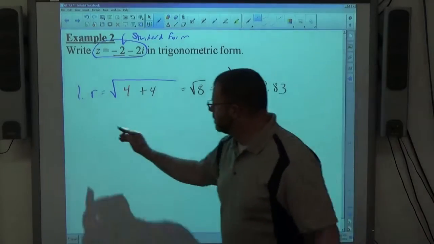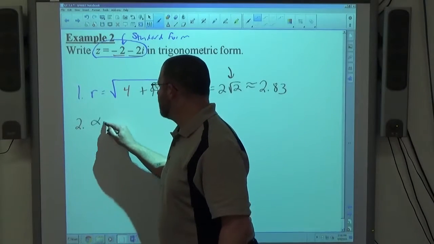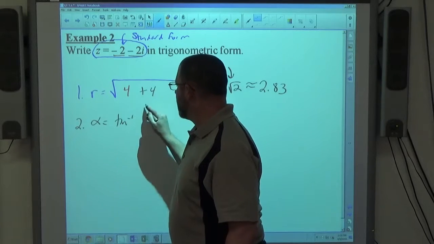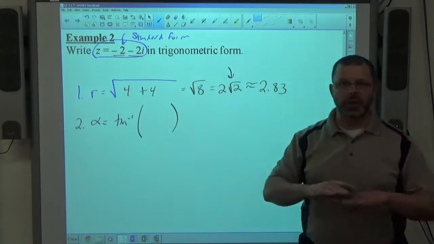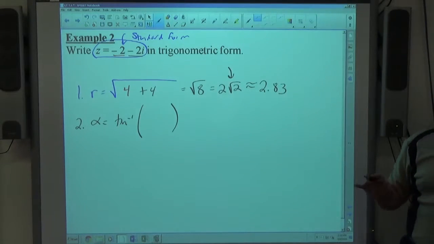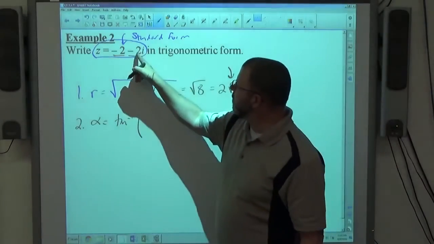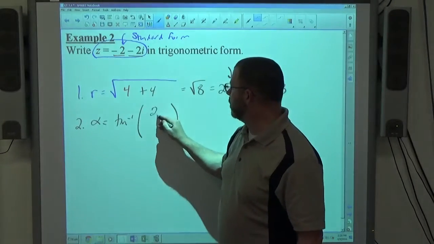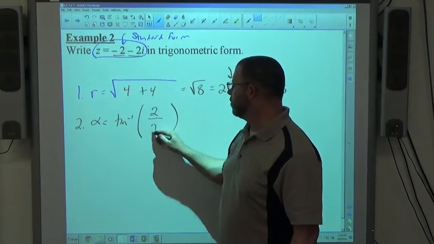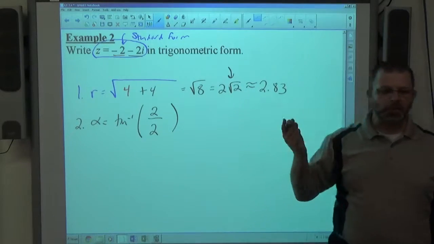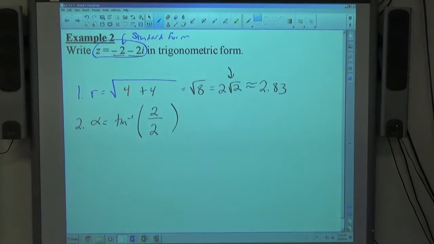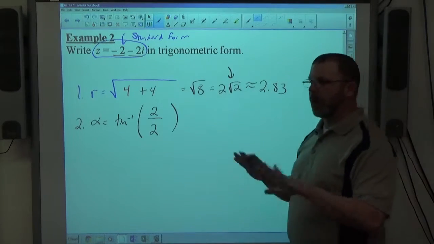Step 2. Alpha equals the inverse tangent. It's an absolute value here, so again, ignore all the minus signs. There are no i's in this. It's the imaginary numerical value 2 over the real numerical value 2. Absolute value bars make all minus signs irrelevant. Only positive signs matter. Throw out all imaginary things.